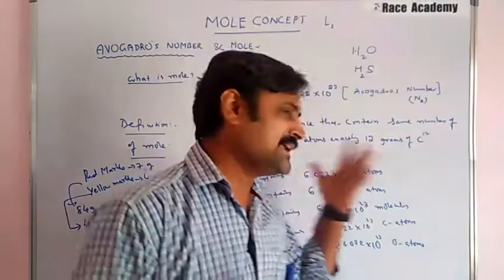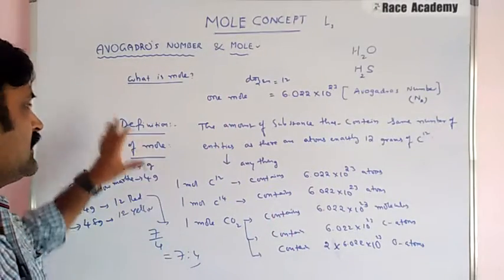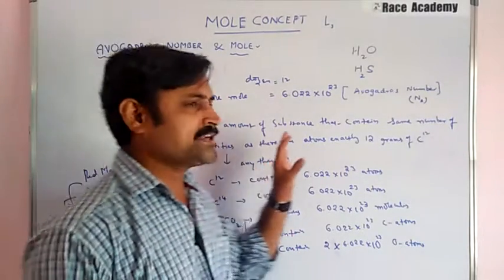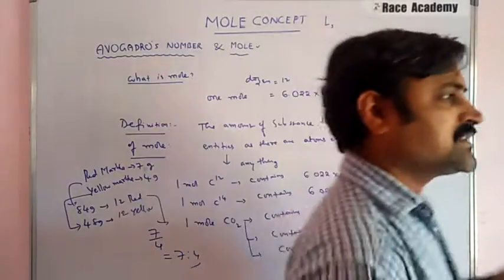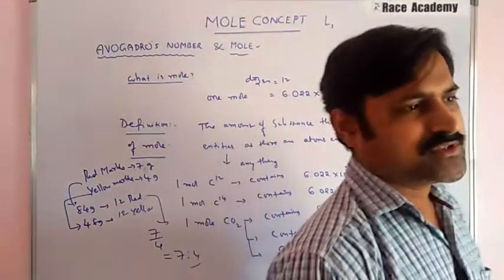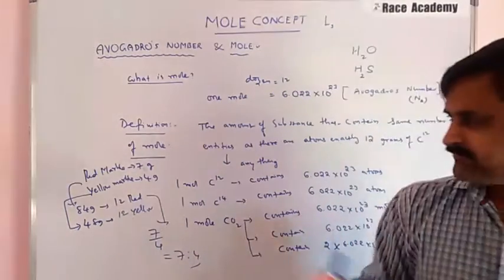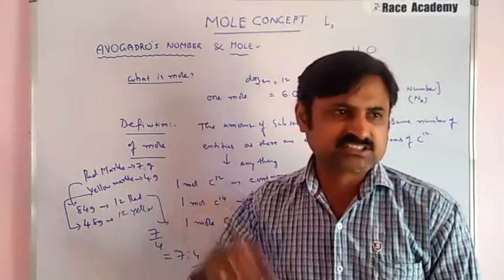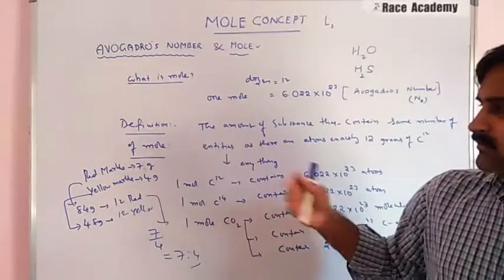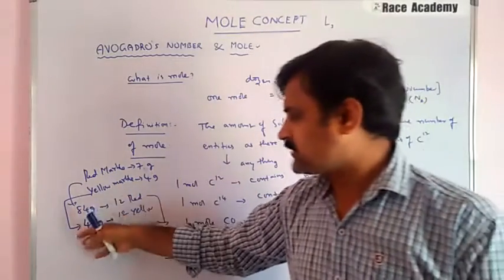Why this is discussed is that these entities contain this many atoms having fixed mass. So the ratio of the different entities will also be fixed when we take different masses of these things.